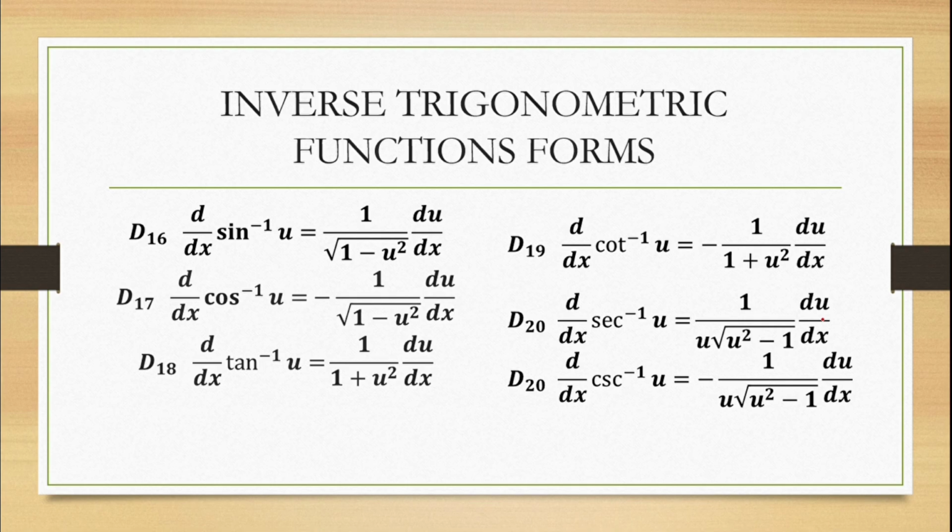So how did we come up with the inverse trigonometric function forms? Let us first have a concept about this. I'll give you a short concept about inverse trigonometric functions.